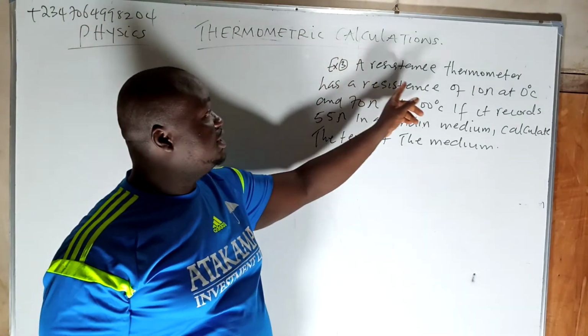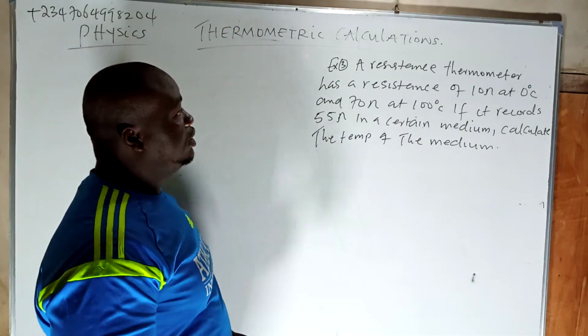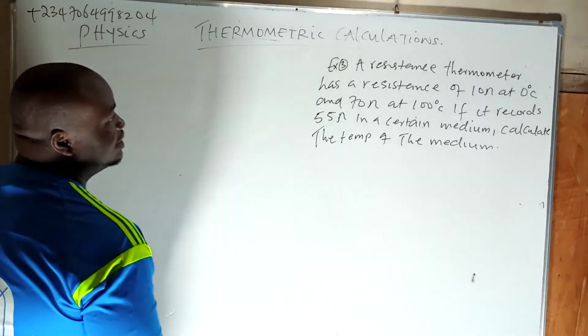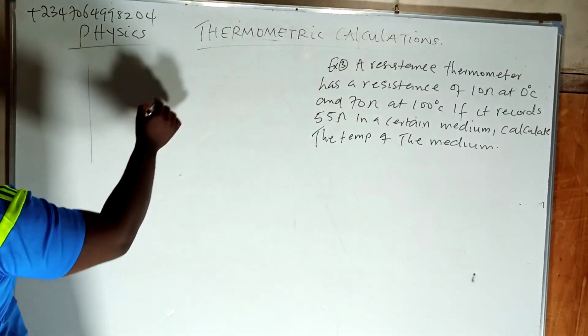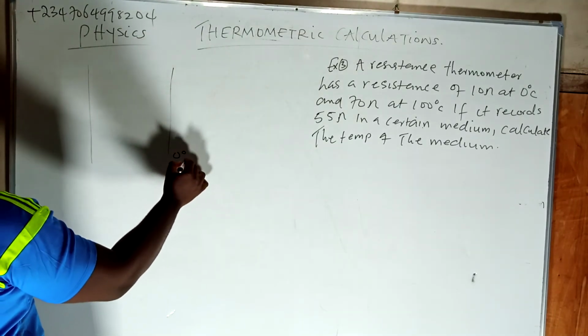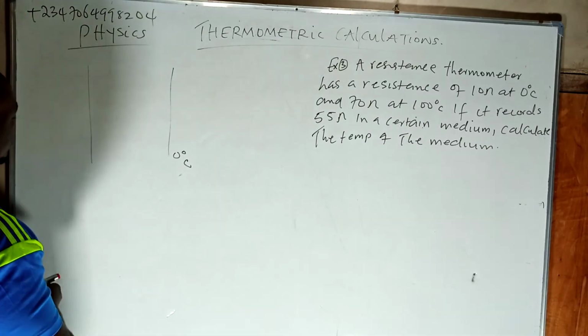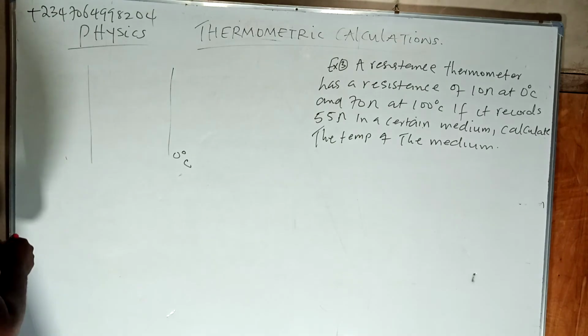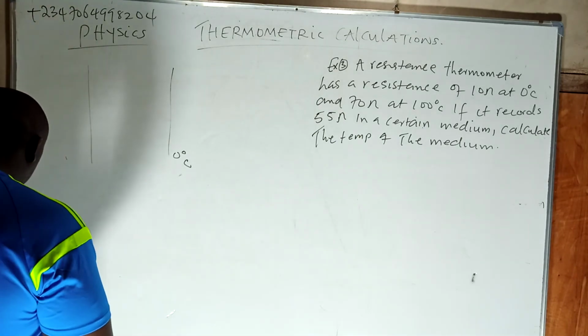A resistance thermometer has a resistance of 10 ohms at 0 degrees centigrade. So we are dealing with centigrade. At 0 we have 10 ohms.